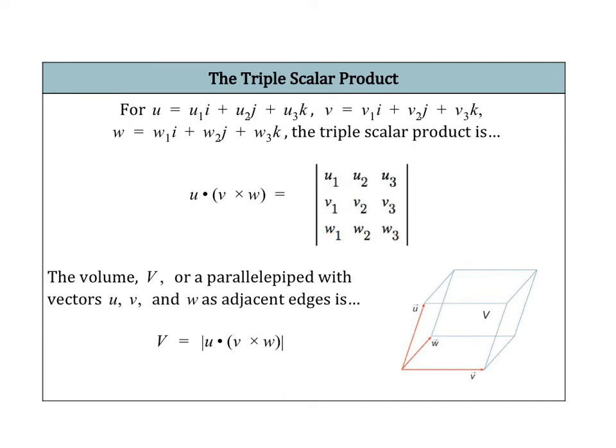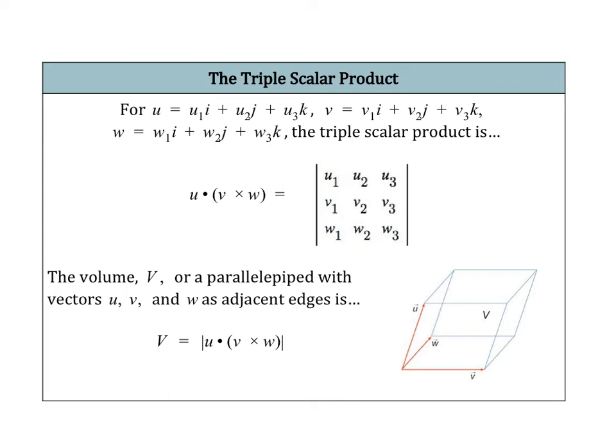So since we no longer have those i, j, k standard unit vectors, the triple scalar product is going to yield a value, not a vector. So it is different from the cross product alone. But it's really easy to find. It's just another 3 by 3 matrix determinant.